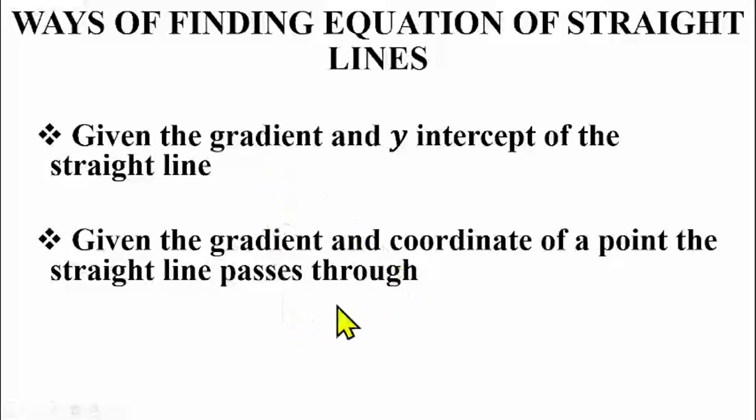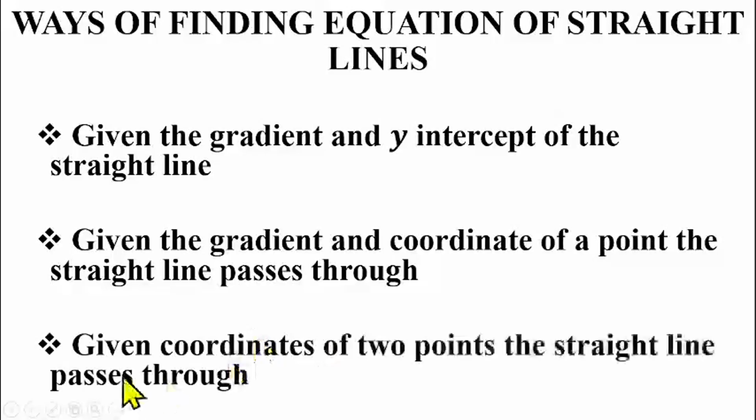And also we can find the equation of a straight line given the coordinates of 2 points that the straight line passes through. So these are the three ways in which we can find the equation of a straight line, and we are going to be demonstrating them one after the other with questions. So let's jump into finding the equation of a straight line in these three ways.